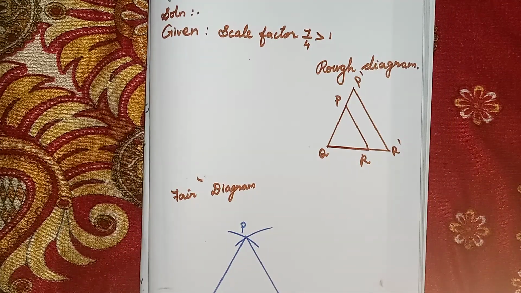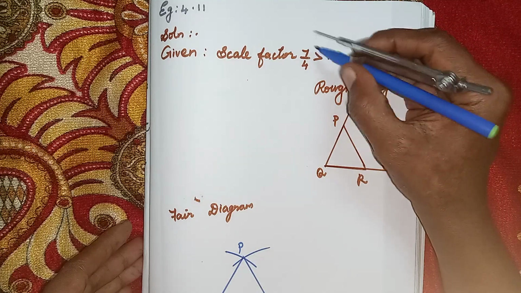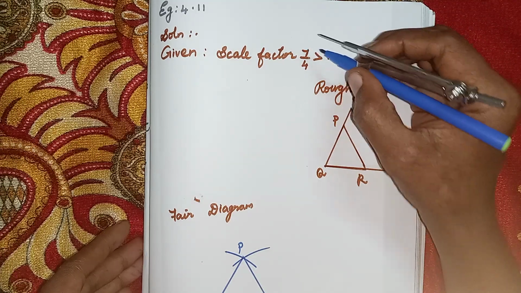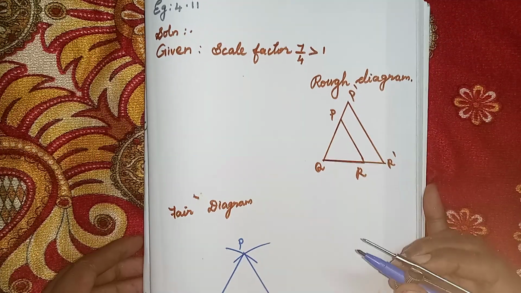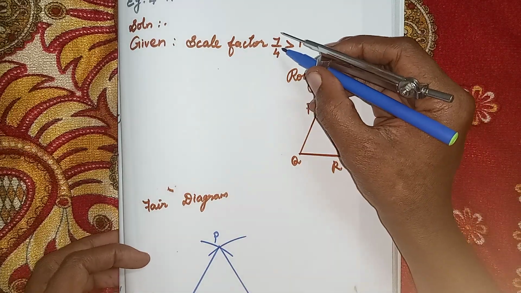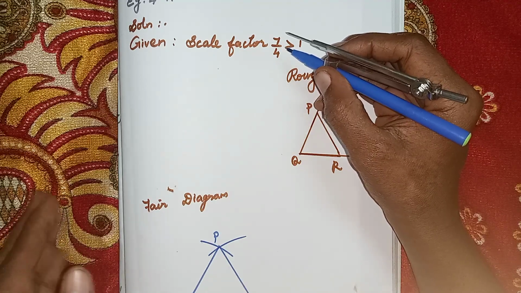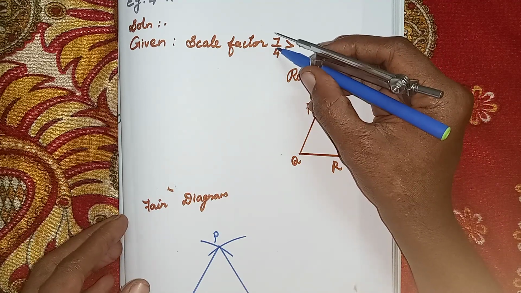Now listen, in the previous problem, which part did we join to R? The denominator value. Here what is the denominator value? 4.